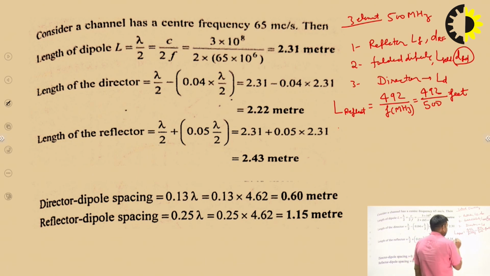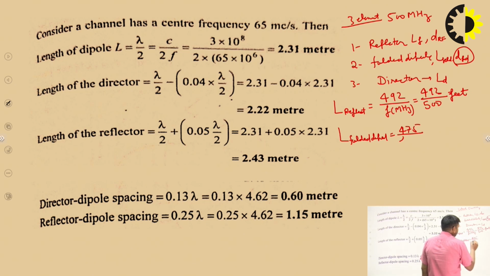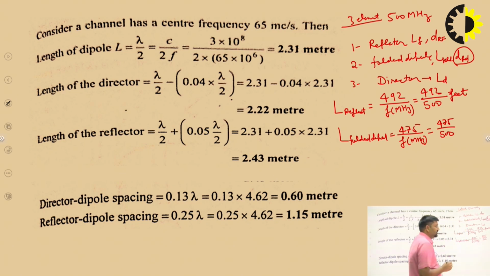And the second one is the folded dipole length. The folded dipole length is 475 upon f in megahertz, that means 475 upon 500. We put the frequency in megahertz, and this gives the answer in feet.